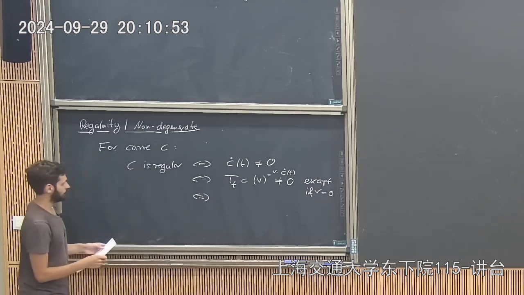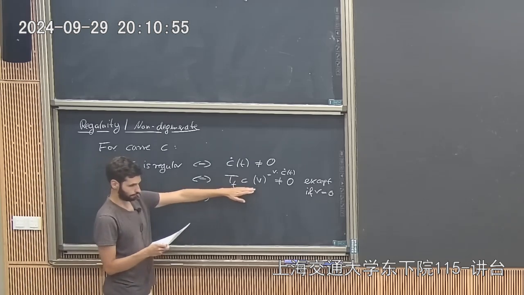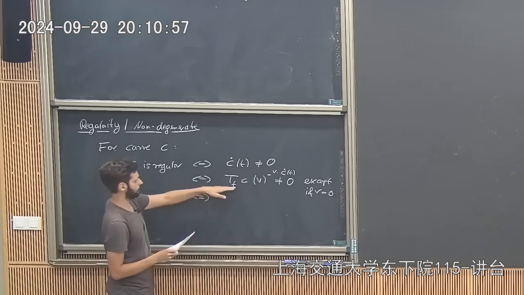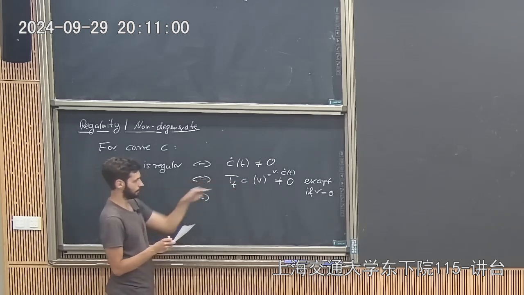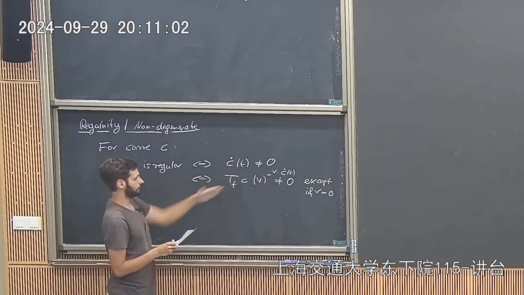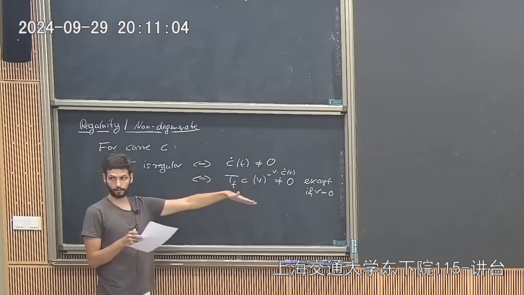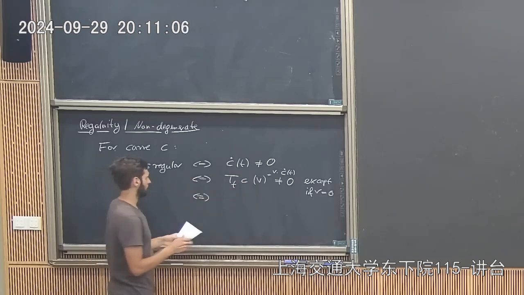So what this means is that this map, or better, its image, is one-dimensional, right? You have something that is changing in one direction, and it means that you always have at least one-dimensional change.